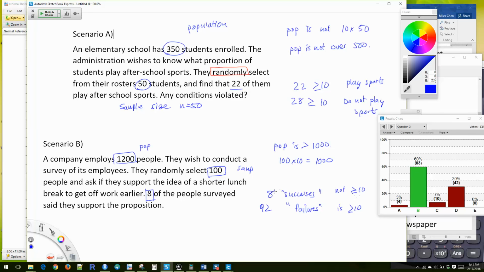So the large sample condition is violated. Okay, so that's scenario B. Is that okay, everybody?